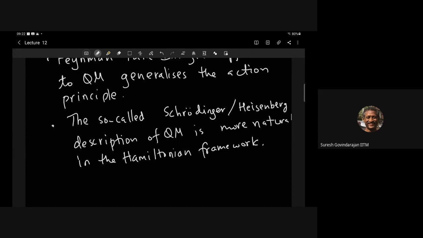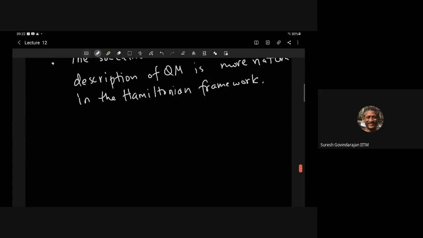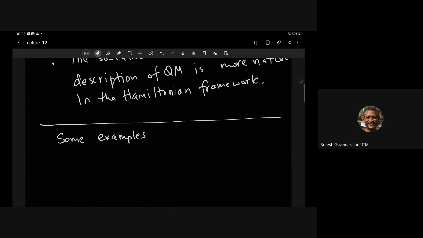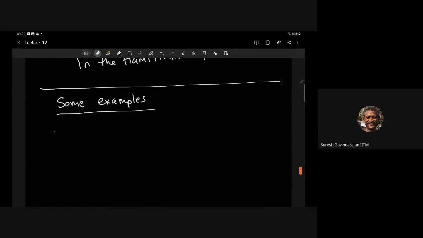So what we're going to do now is some examples. The first example is already there in problem set 4: a particle moving in an arbitrary electromagnetic field.